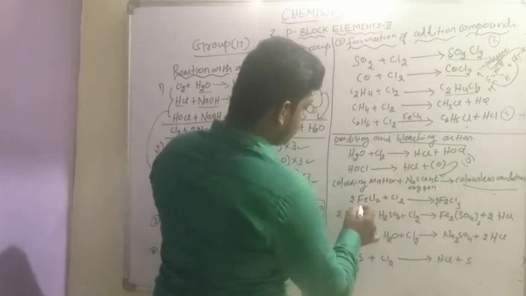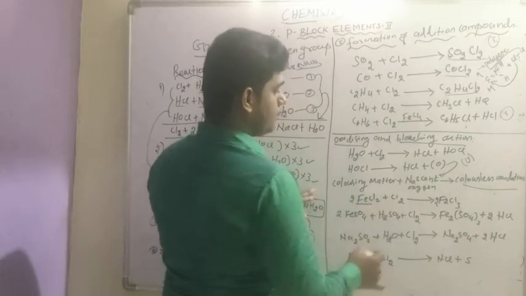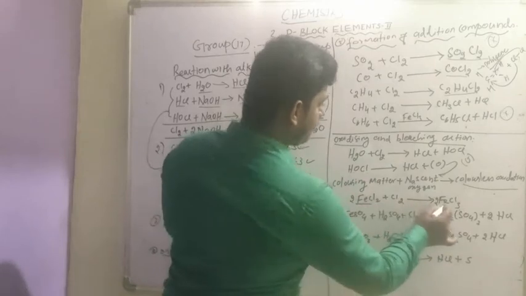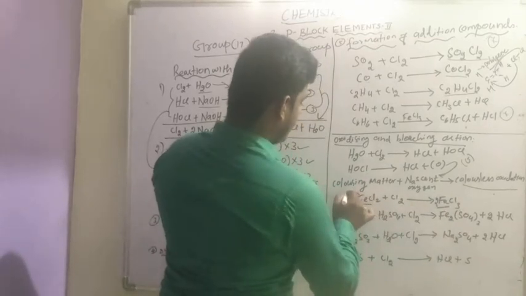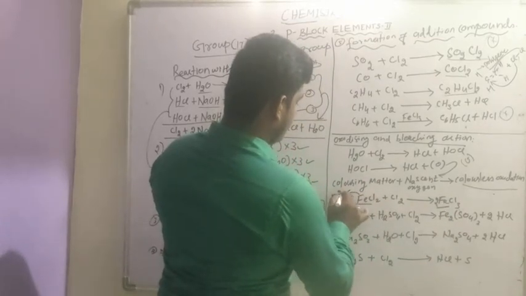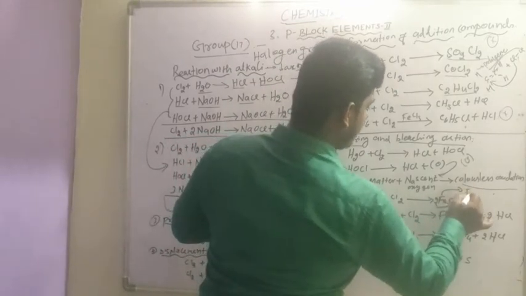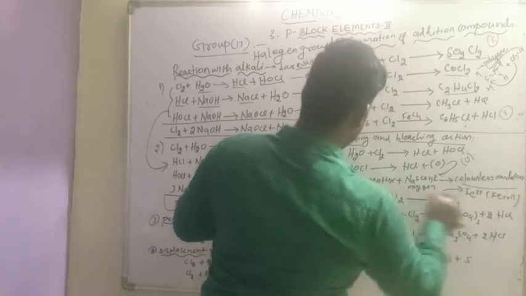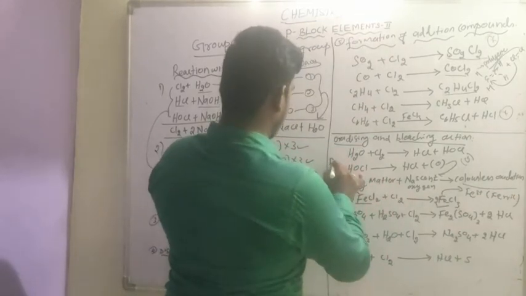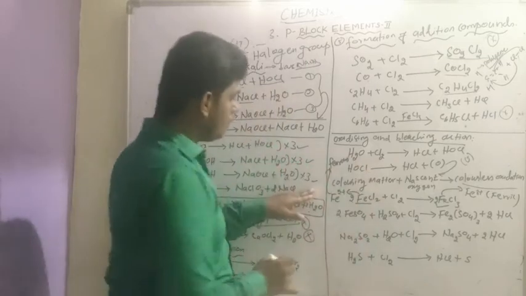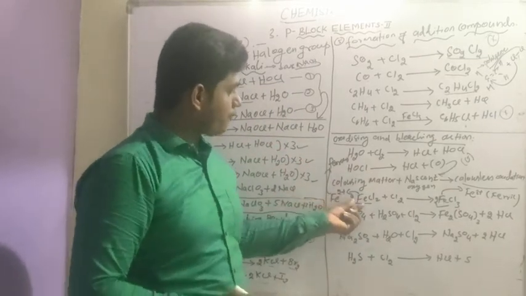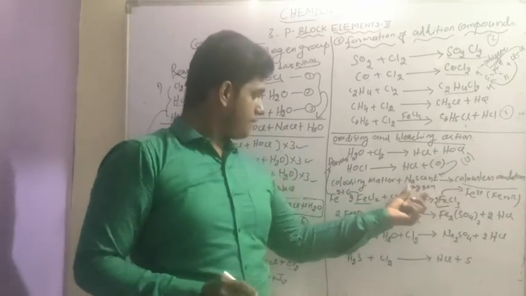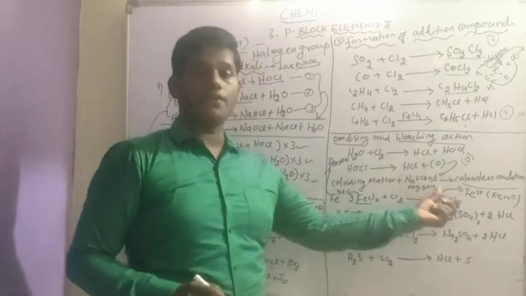Here Fe2+, ferrous, is converted to ferric, Fe3+. Iron acts as Fe2+ here and as Fe3+ here. So a ferrous salt such as FeCl2 is converted to the ferric salt.